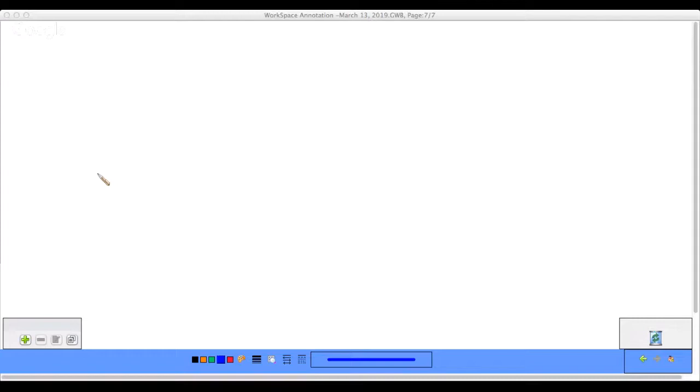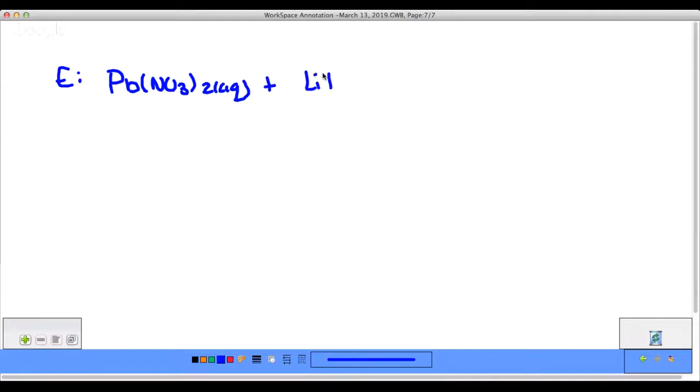So if we look at this problem, we're looking at E. We are told that we have a solution of lead 2 nitrate. So that's going to be Pb nitrate, and we need 2 of them, and lithium iodide, which is LiI.